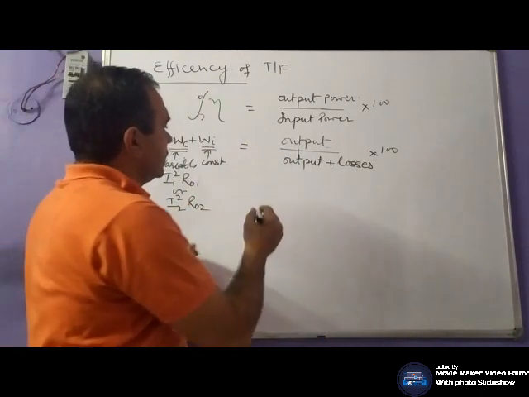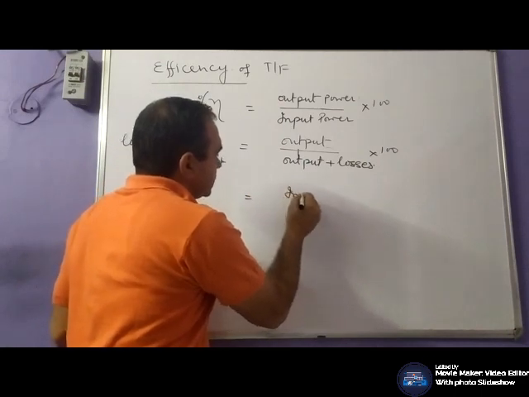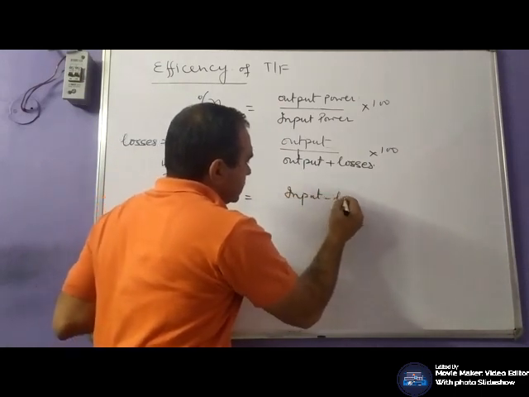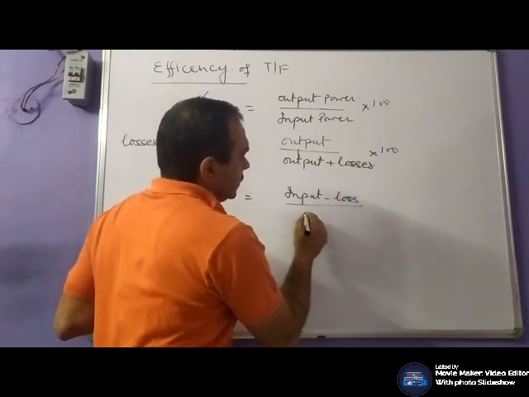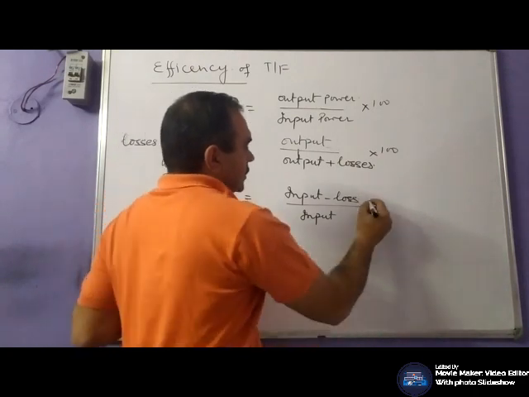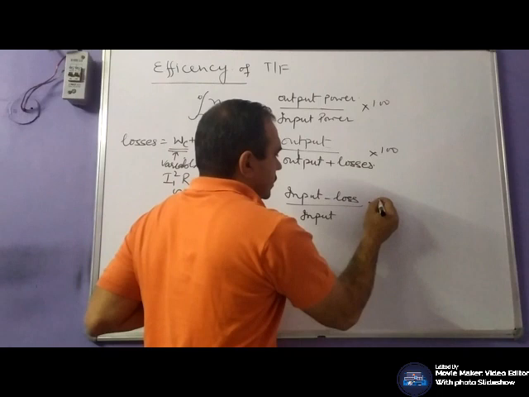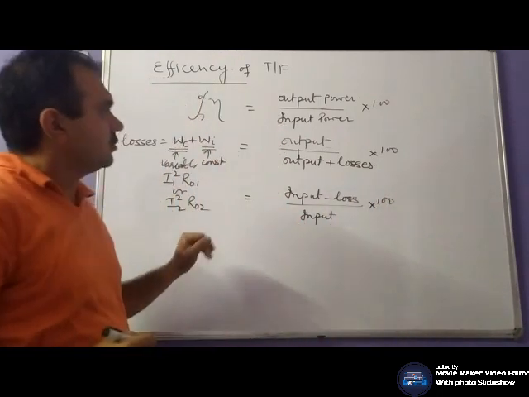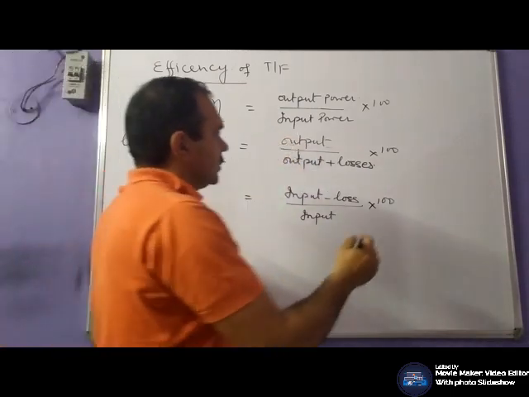And we can write it as input minus losses divided by input. Now in case of a transformer, what is output power?